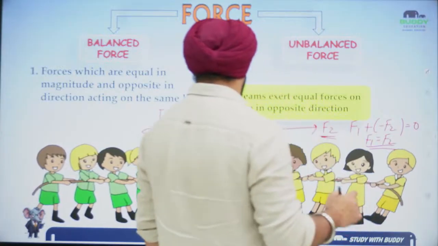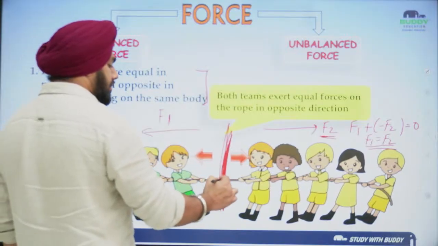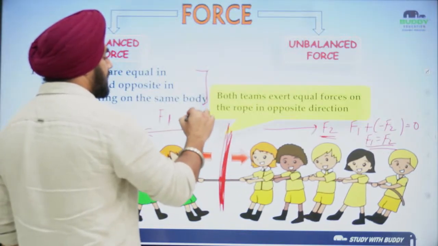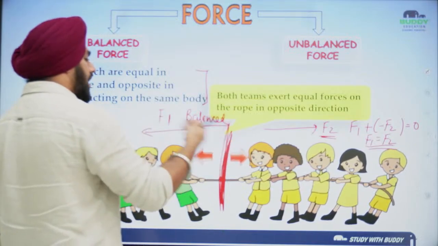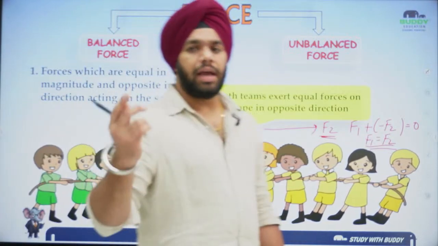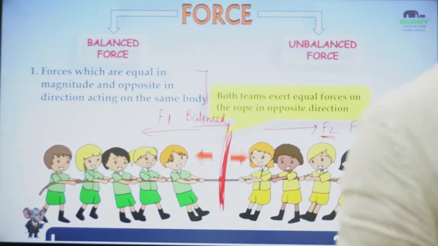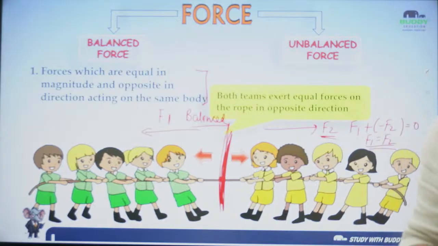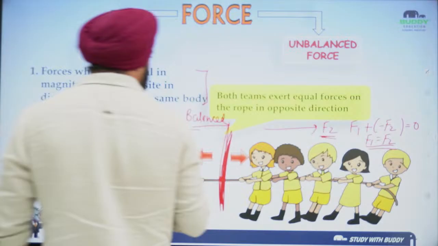That means if F1 and F2 are equal, this string is under balanced condition. F1 is equal to F2.